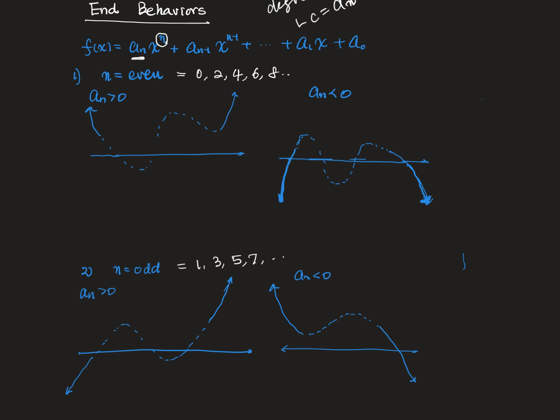On the right side, as x goes in this direction, y goes up. That's the graph going up. Another way: as x approaches infinity, meaning going to the right, what happens? y equals f of x goes up. That's the meaning of this limit notation, guys. Left side, let's practice it. As x goes in this direction, negative infinity, y equals f of x goes up.